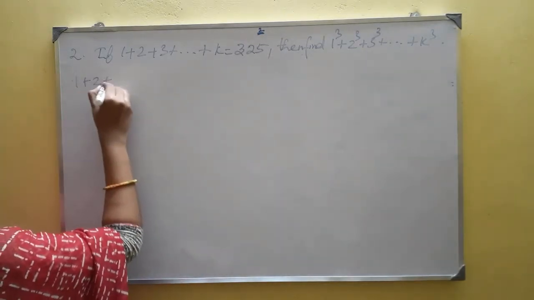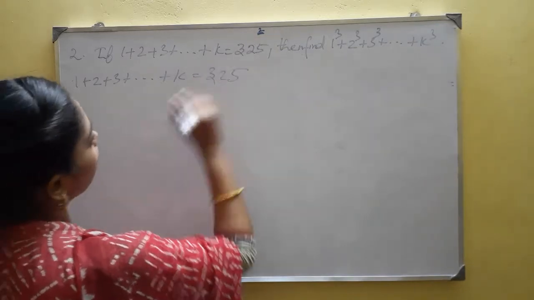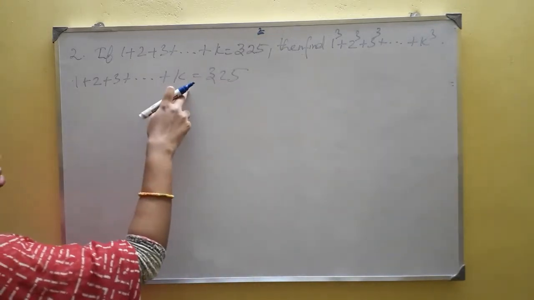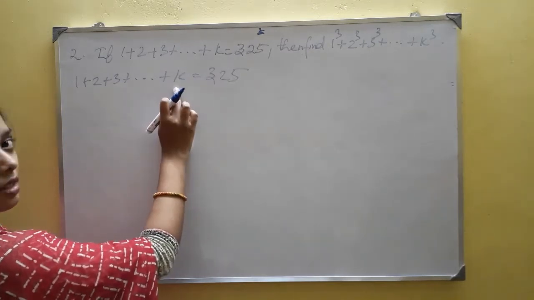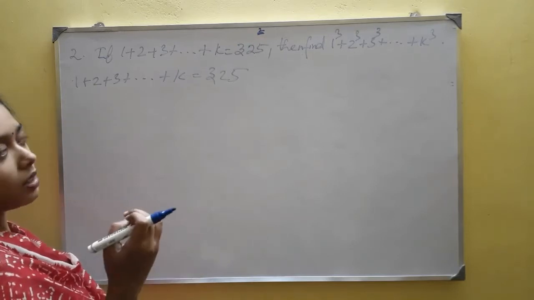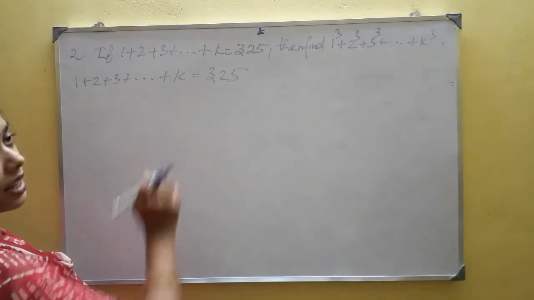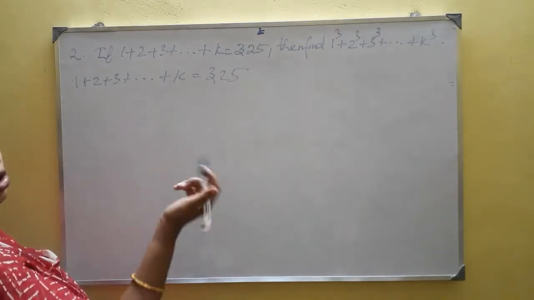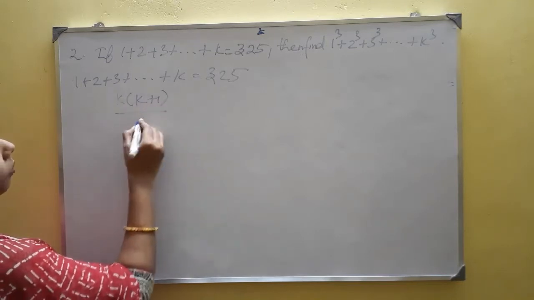Take the given part first: the sum of the first k natural numbers. It is a variable, a natural number. Instead of that you are using some variable because we don't know what natural number it is. So usually we denote it by n, here they denoted it as k. What is the sum of the first k natural numbers? In place of n you replace it by k: k into k plus 1 whole divided by 2.